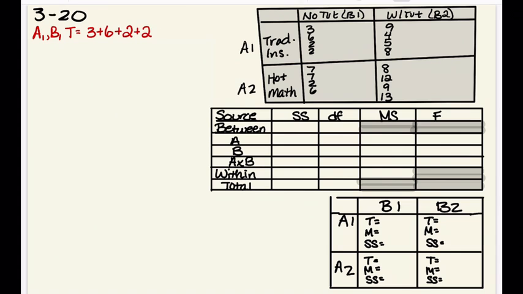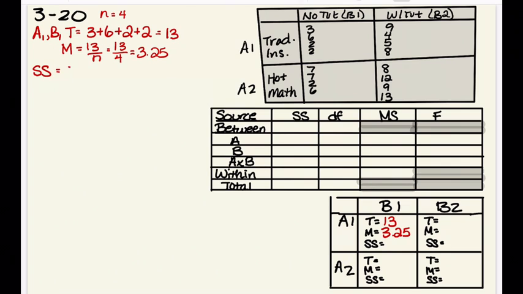We'll start by finding the sum of scores for the A1-B1 quadrant, and then we'll divide our sum of scores by the number of scores in that quadrant to find the mean. In this case, it is 3.25.